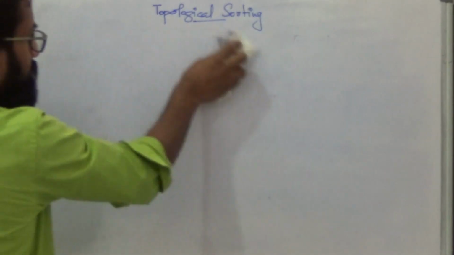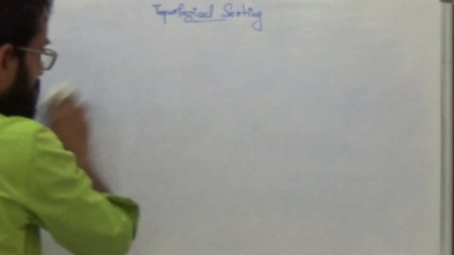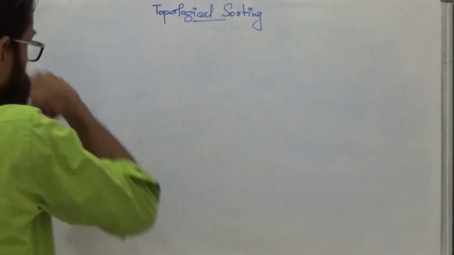Let me explain topological sorting using a simple example.